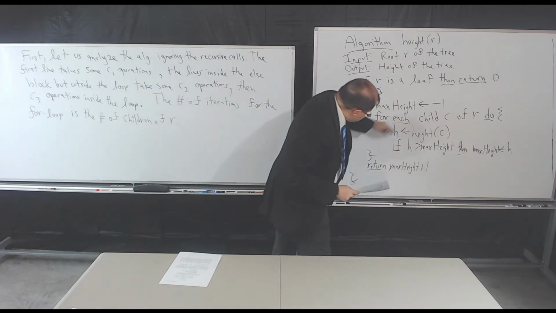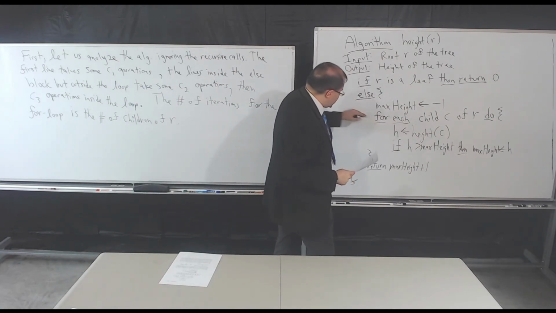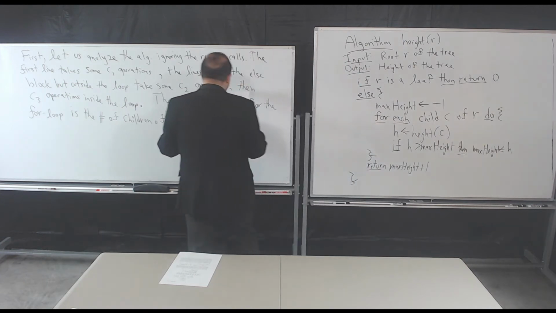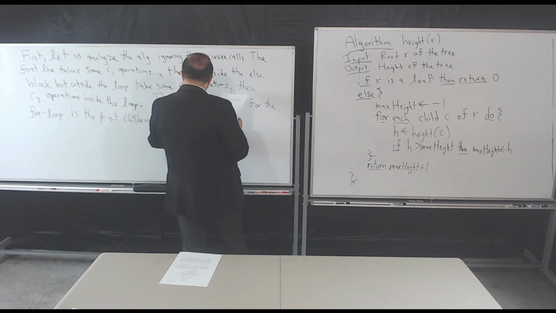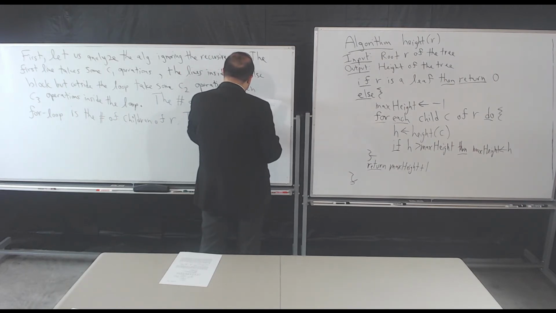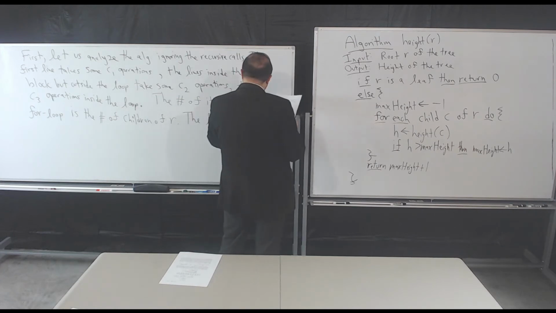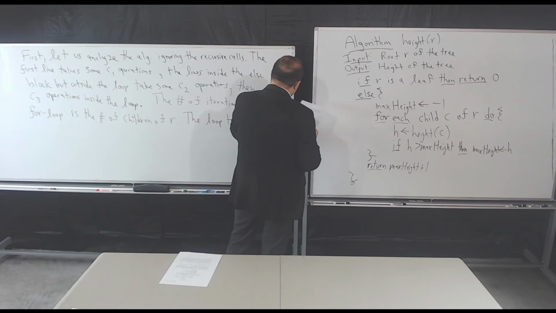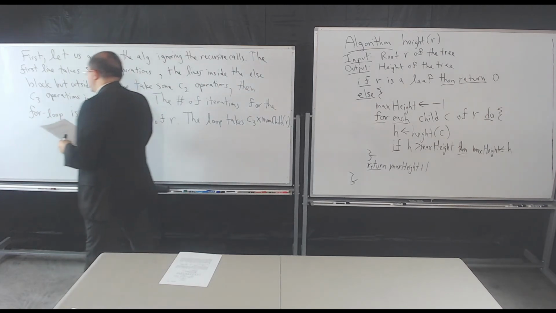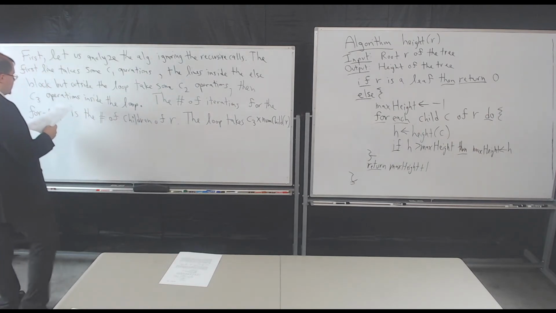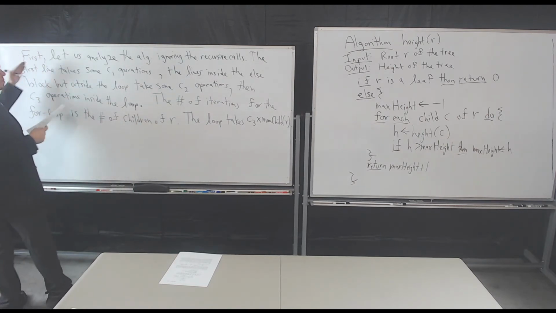Well, it's some constant times the number of iterations of this. But how many iterations are there? The number of children. So the loop takes C3 times numchild of R. Remember, numchild is the function, or method, we gave that tells you how many children there are. So this is our main observations.